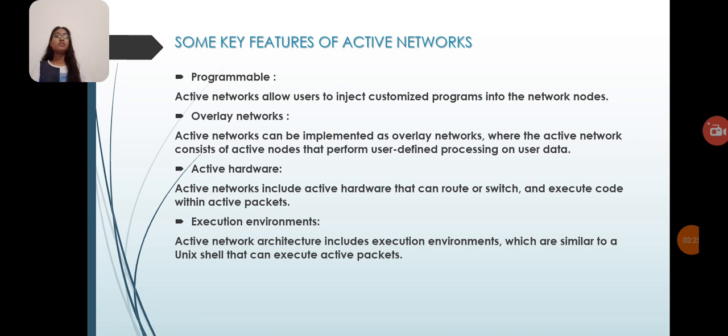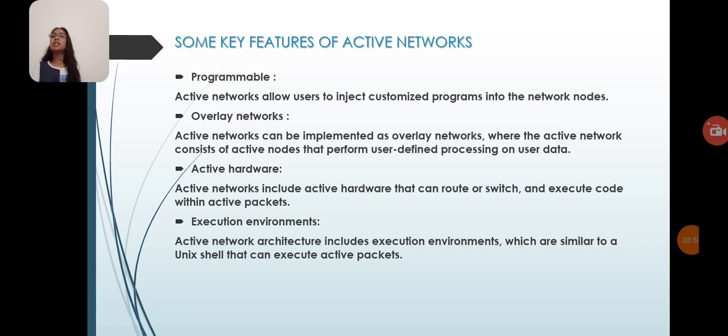And second is some key features of active networks. That is programmable. Active networks allow users to inject customized programs into the network nodes. Overlay networks: active networks can be implemented as overlay networks, where the active network consists of active nodes that perform user-defined processing on user data.